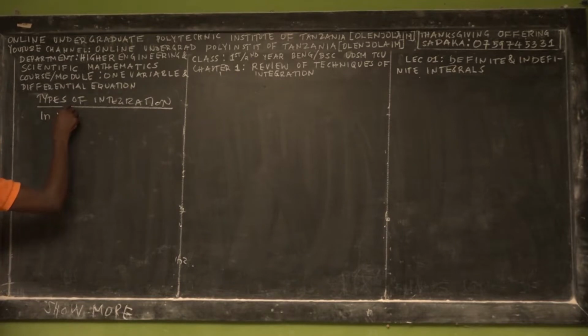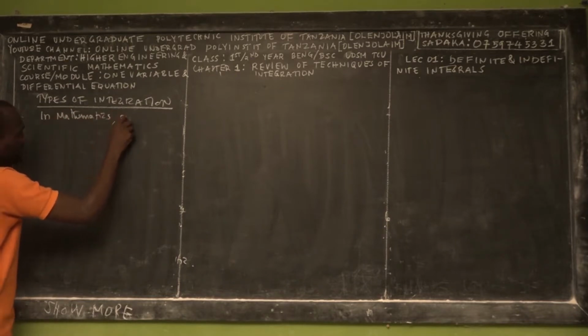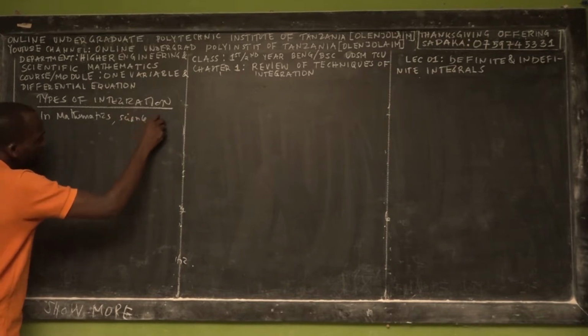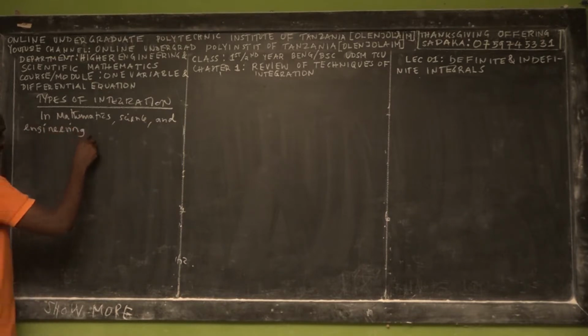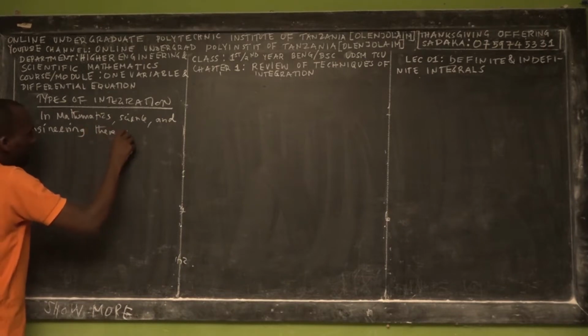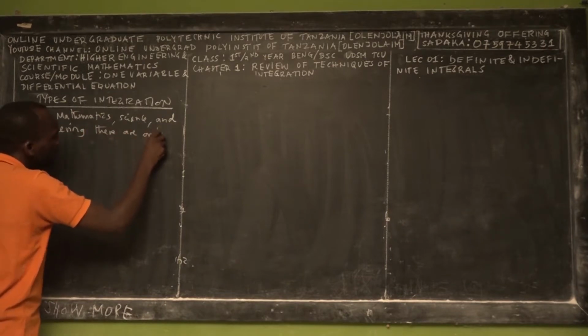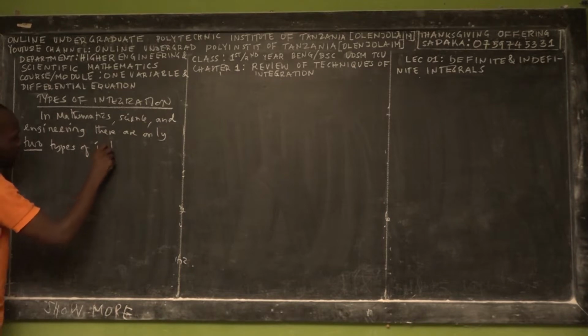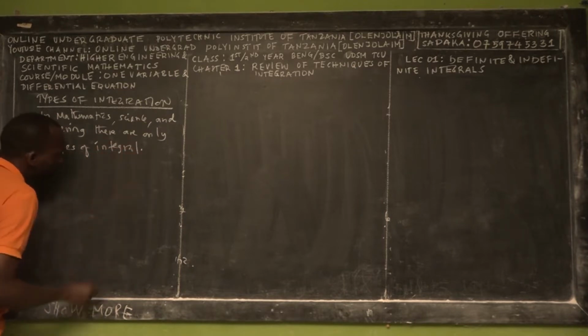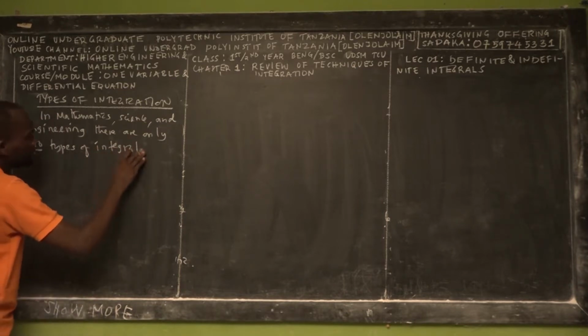So you say that in mathematics, science, and engineering, according to Sir Isaac Newton and Leibniz, the German mathematician, there are only two types of integral.